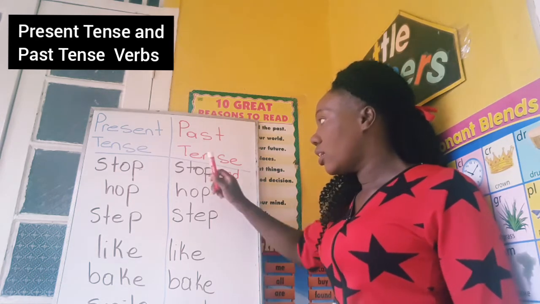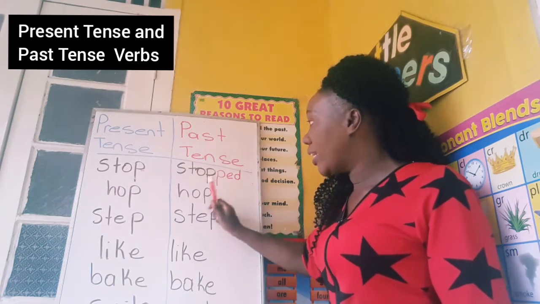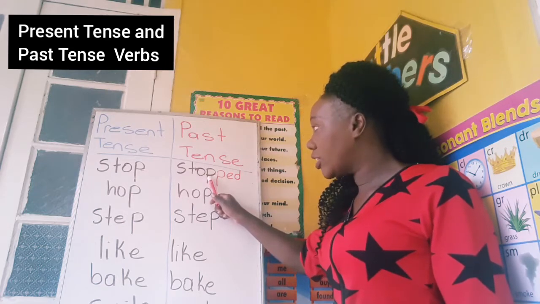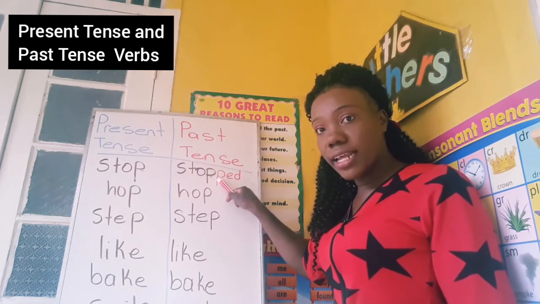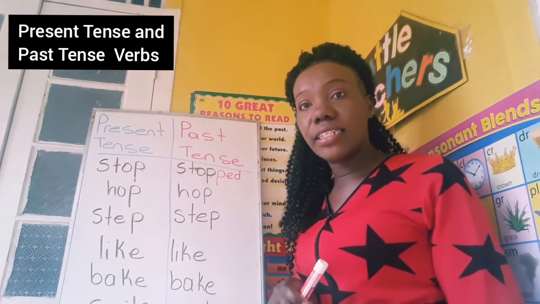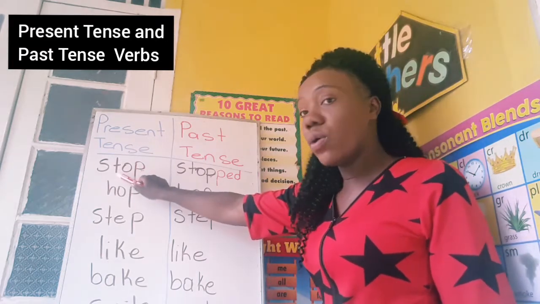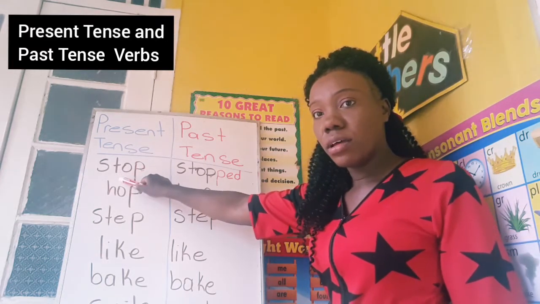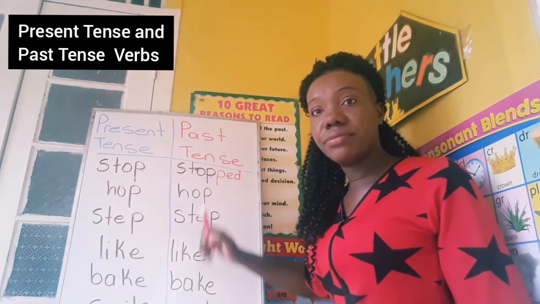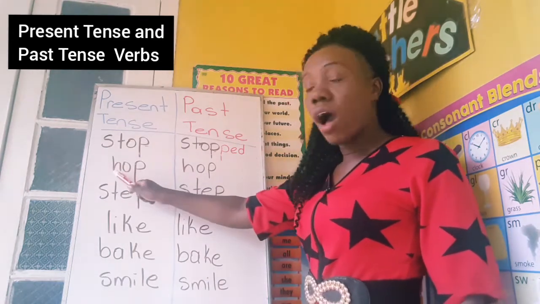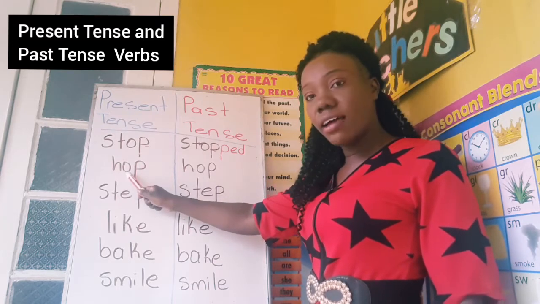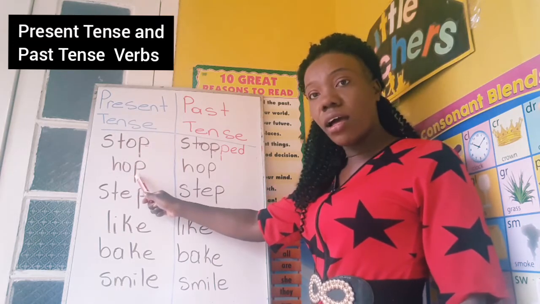So the rule says when it ends with a consonant followed by a vowel and another consonant, you double the last consonant first, then you add ed to form the past tense of the present tense verb. So now I stop, but yesterday I stopped. It happens already. Now moving on to hop. So we have a consonant followed by a vowel and another consonant.